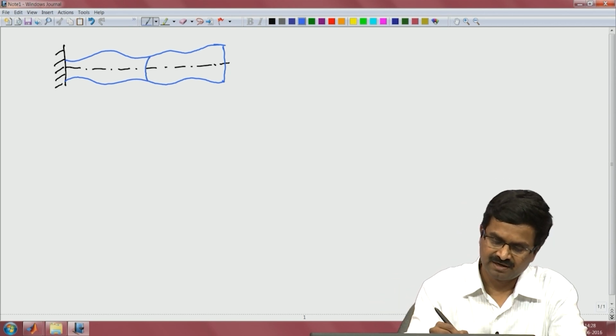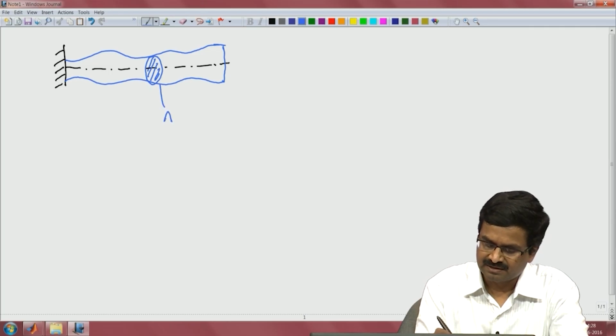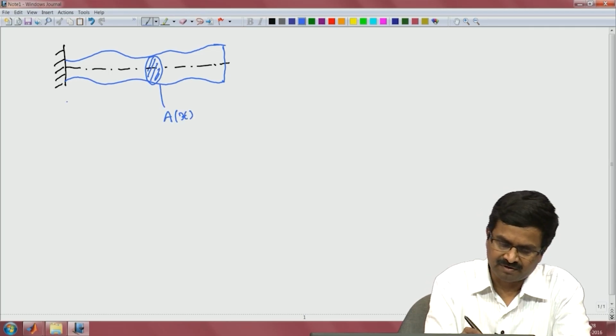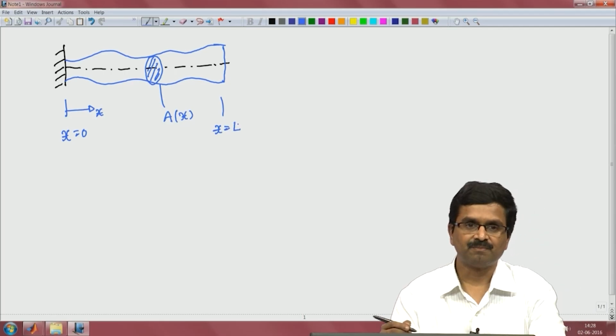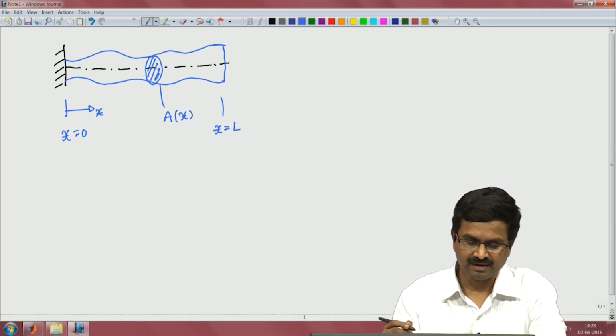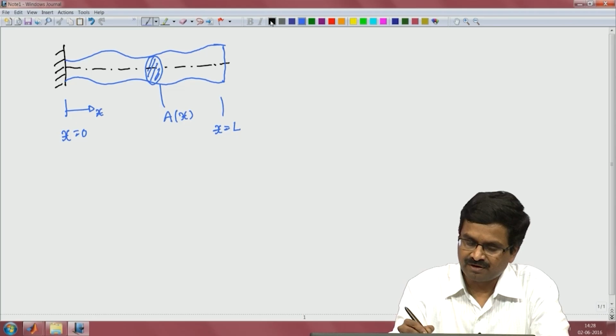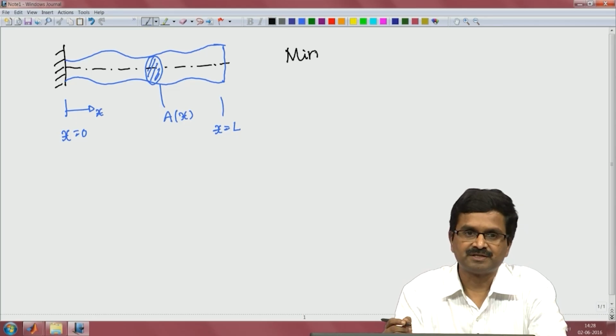So, everywhere if I take the cross section, that is A of x, where x equal to 0 at that point, and at this point x equal to L, because the length of the bar is L.